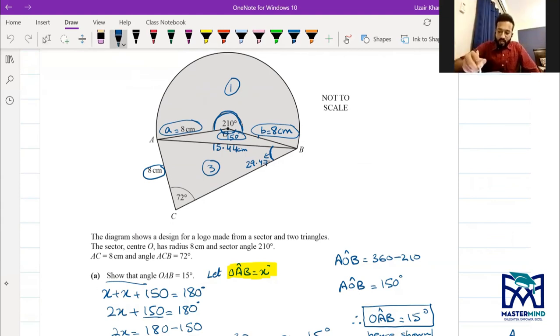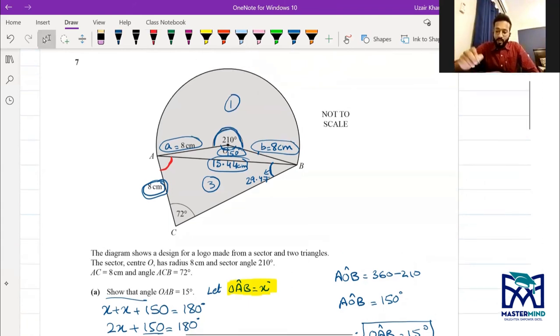Now, to use the sine rule, I have this length A, this length B, and I need the angle between the two known lengths. So the angle that I would need is this one right here, the angle A. Unfortunately, I don't have it yet, but I can easily calculate it. Since this is a triangle, there's one angle missing, so I'm going to subtract the rest of the angles from 180 to find the angle CAB.